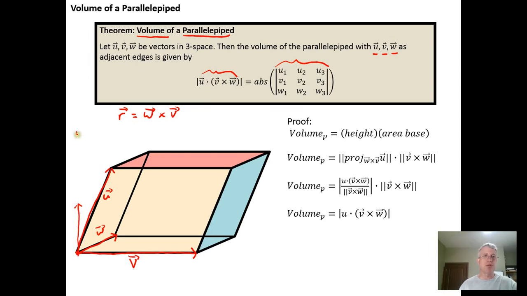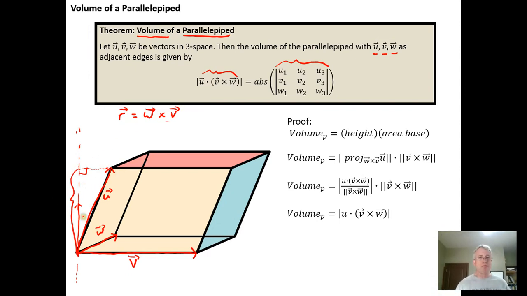And then I could establish a line that contained that vector w cross v. And if I drop a perpendicular from the terminal point of vector u to that line, the distance that I get right here is the height of the parallelepiped.